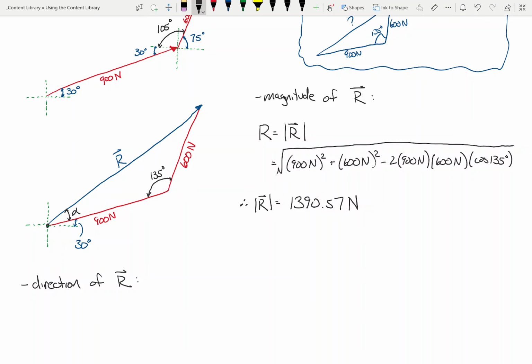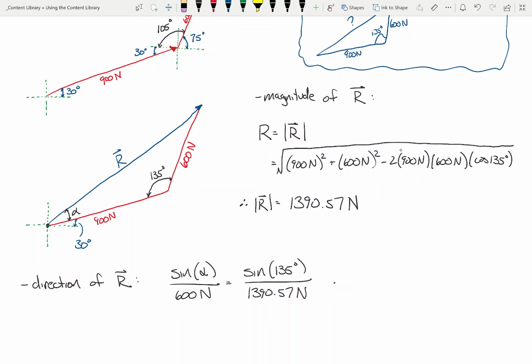So the sine of alpha divided by 600 newtons equals the sine of 135 degrees divided by the magnitude of the resultant. Does everybody see how I did that? Just law of sines, right?